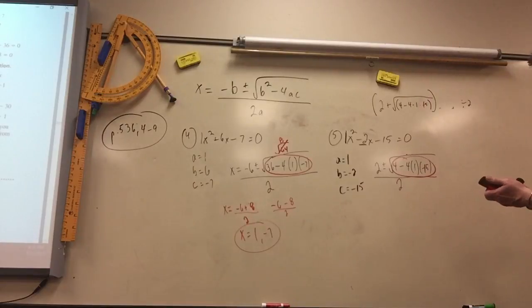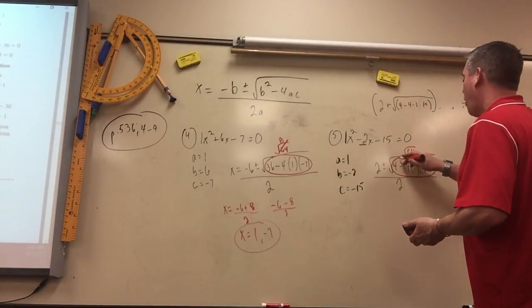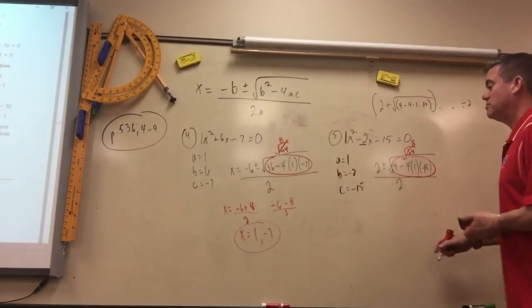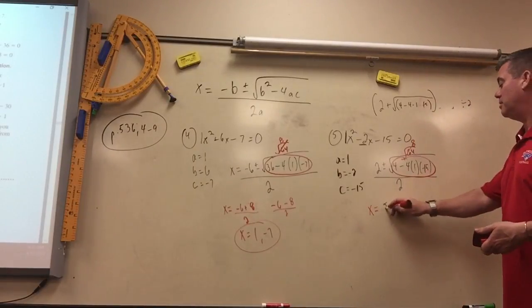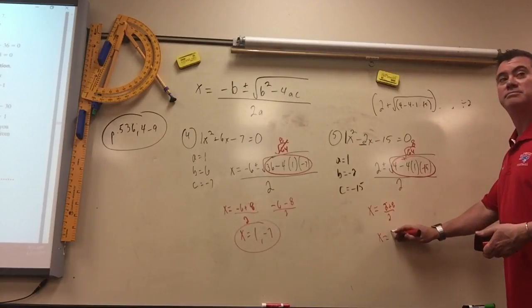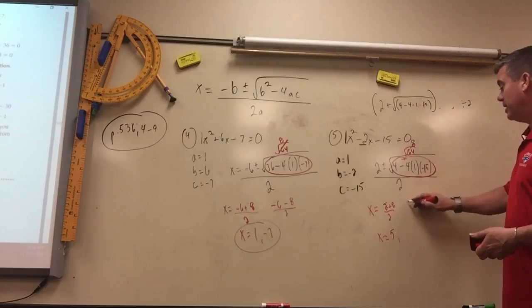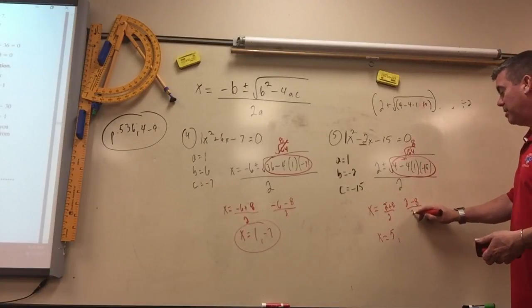Negative 15. 64 again, which is an 8. So 2 plus 8 divided by 2 is 5. 2 minus 8 divided by 2 is negative 3.